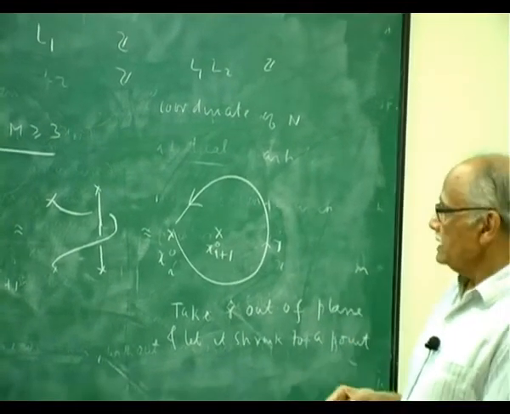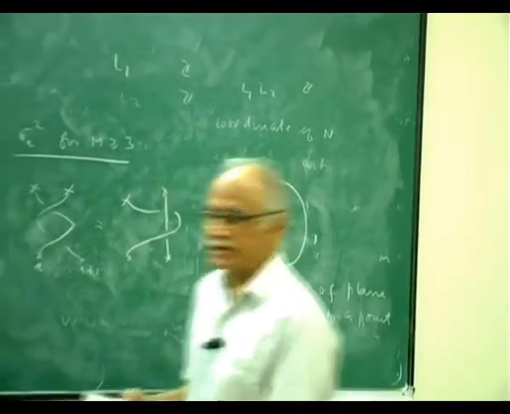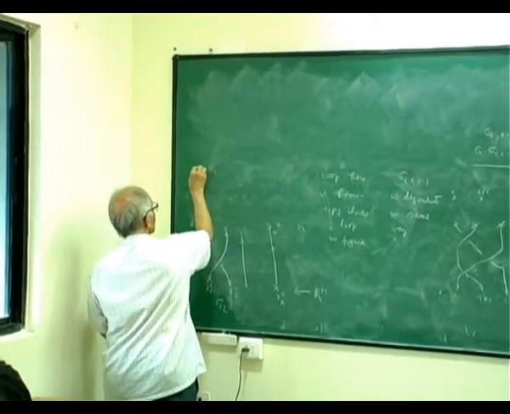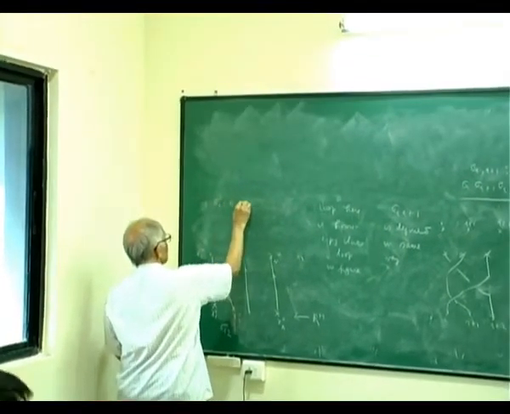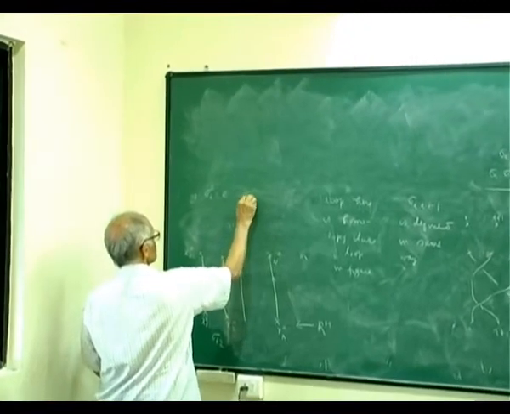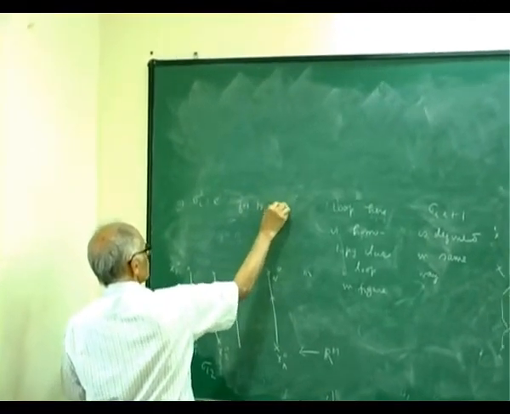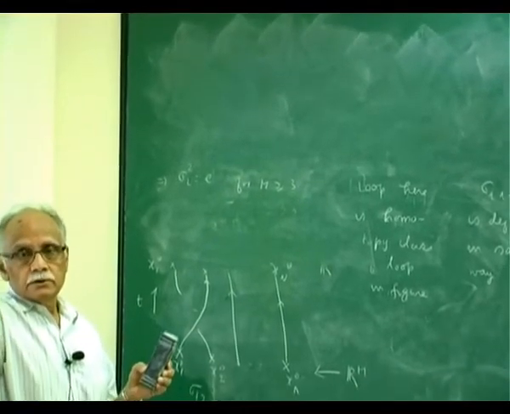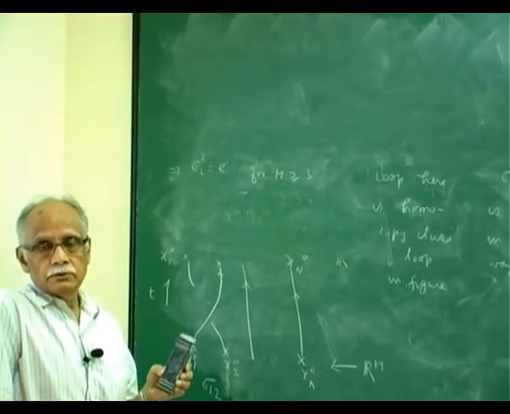So what has happened is that sigma_i squared is identity in 3 or higher, for m larger than or equal to 3.